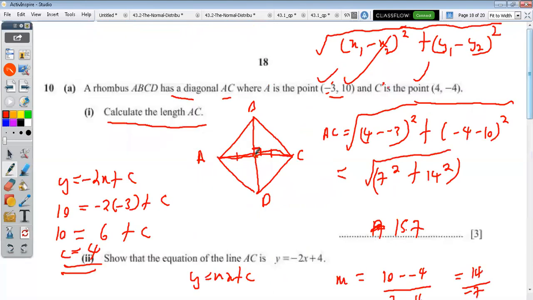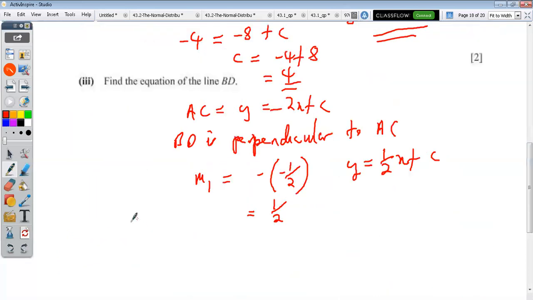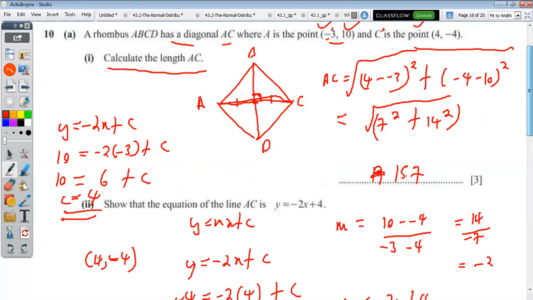But we can find the midpoint where it's bisecting this line into 2. So what's the midpoint of AC? Remember, midpoint is x1 plus x2 over 2.